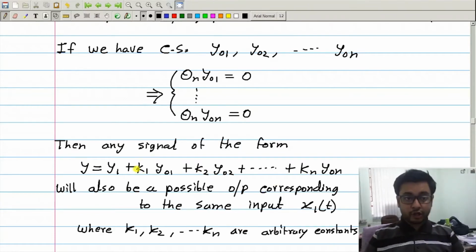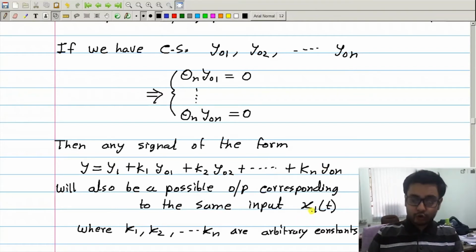And please note that this is the complete exhaustive list of possible solutions for the same input x1. There can be no other signal different from this form which is a candidate solution or candidate output for this input x1.